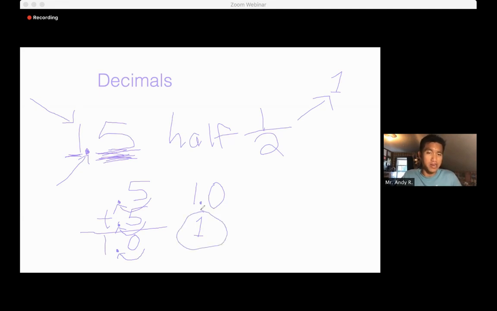We compare it to 1. So how many 0.5s make 1? Yeah, 2. That means it needs 2 of these. So 0.5 means half.